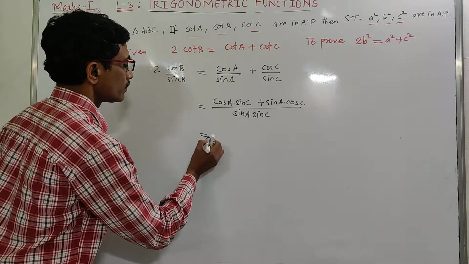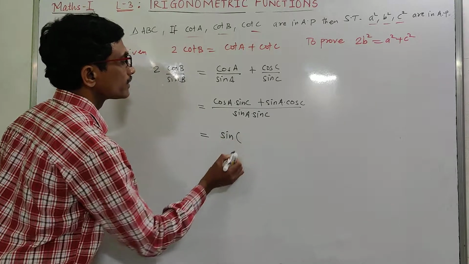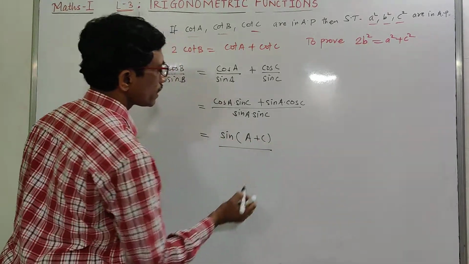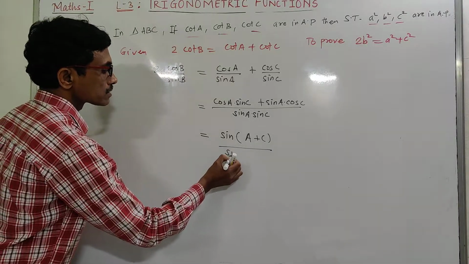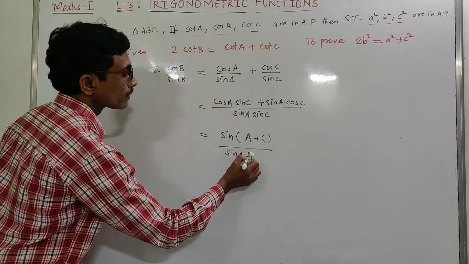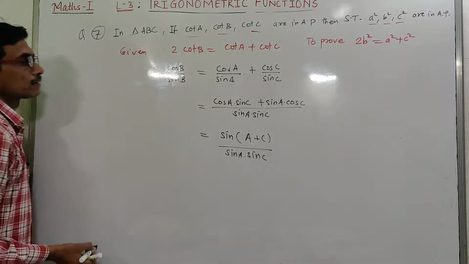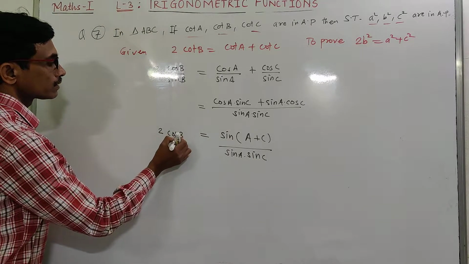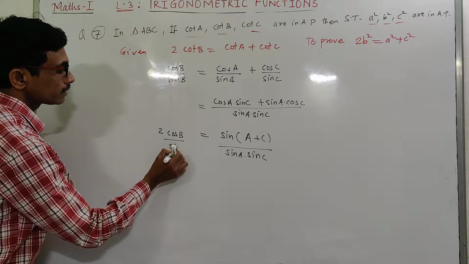So numerator will become sin of A plus C, and denominator is sin A into sin C. Left hand side 2 cos B upon sin B.